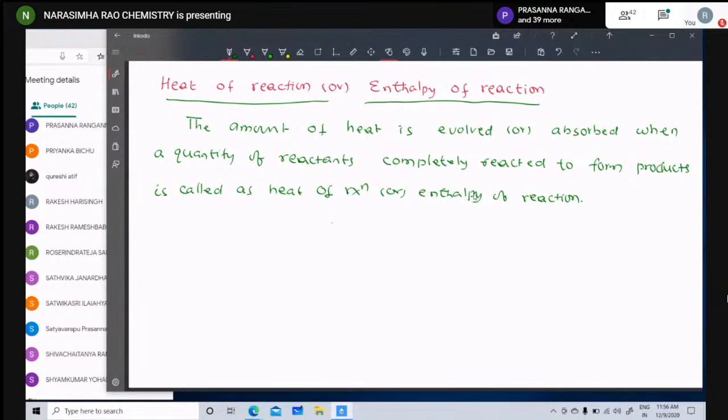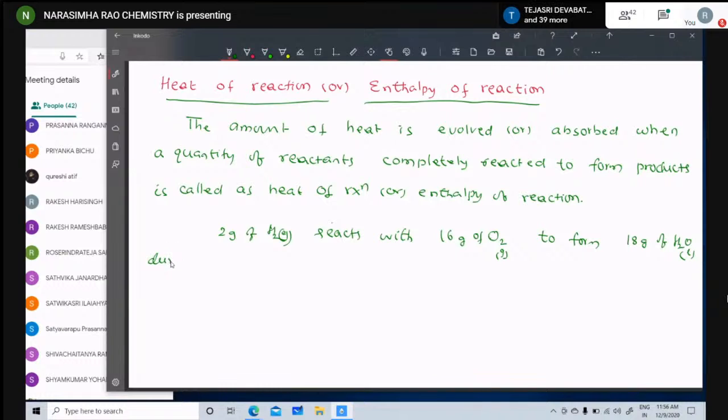Yes, children. For the example, what I am taking: 2 grams of gaseous hydrogen reacts with 16 grams of gaseous oxygen to form 18 grams of H2O in liquid state.